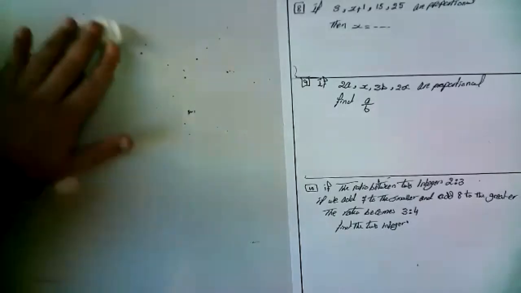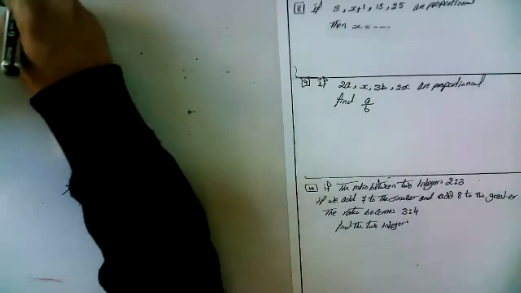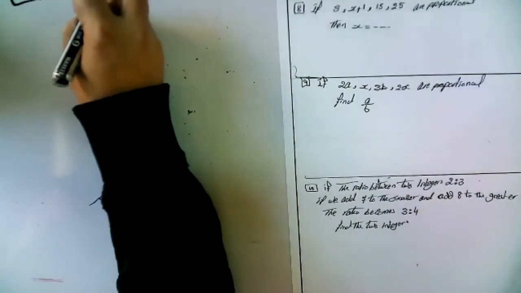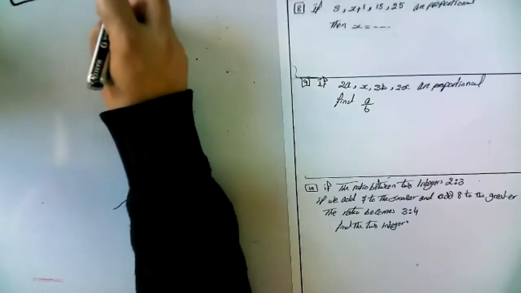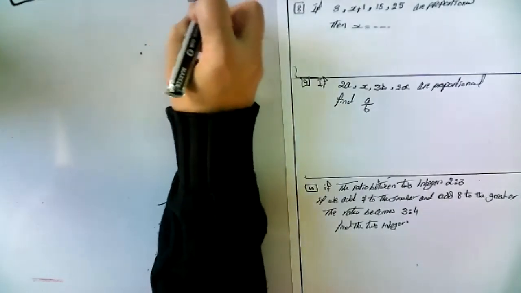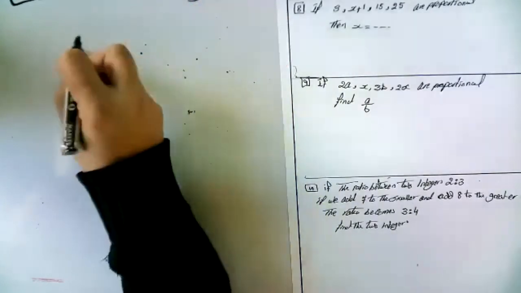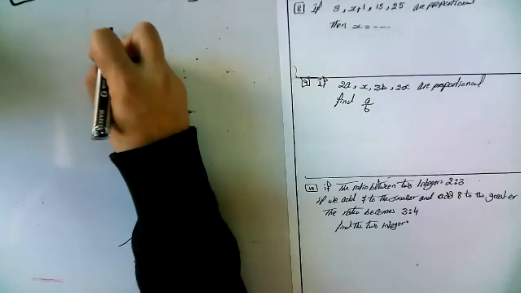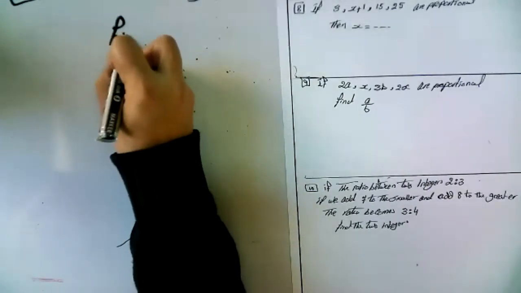Now let's take question number 9. 2a, x, 3b, 2x are proportional quantities, and the question is to get the value of a over b.